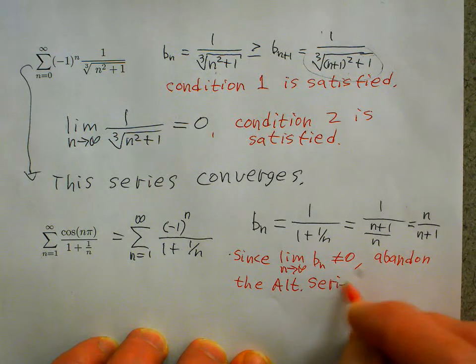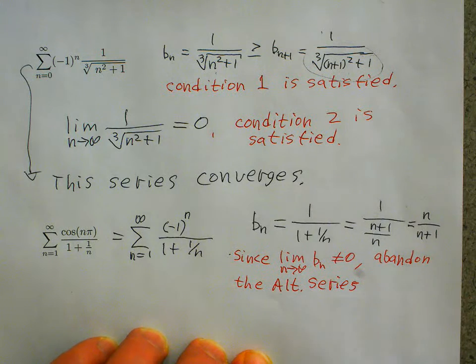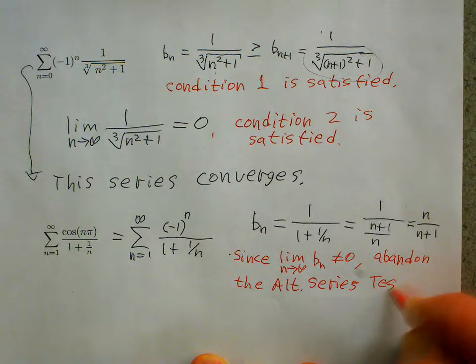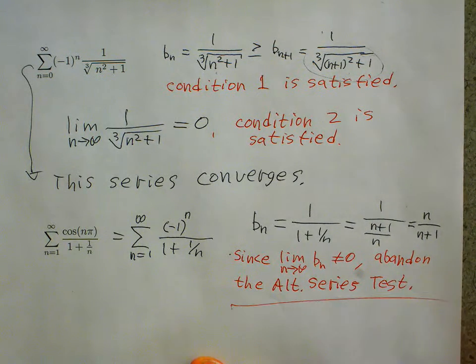Remember, the alternating series test only tells us when an alternating series converges. It doesn't tell us anything about divergence. So we have to use a different method.